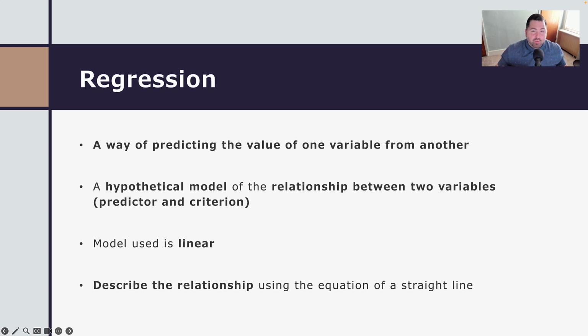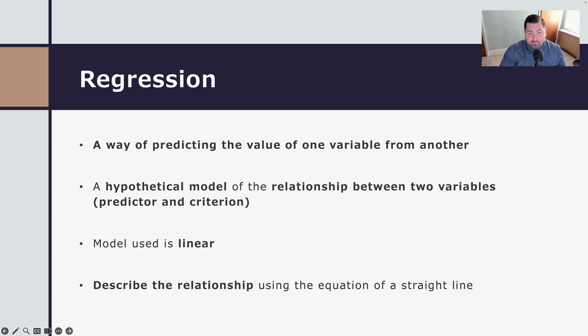And so what we use is something that's known as a hypothetical model, because we're not actually measuring the true relationship between X and Y. Instead, we're looking at a model where we see these correlations between X and Y, and we wonder, well, if I know X for one person, can I reasonably guess what Y would be for the same person? Because of this, the models are generally going to be linear in nature.